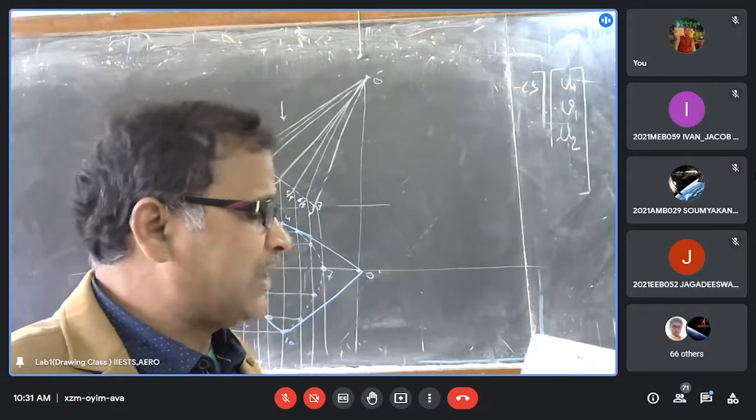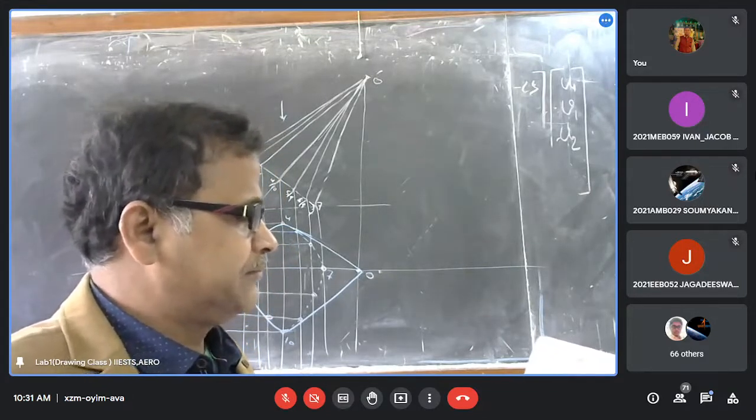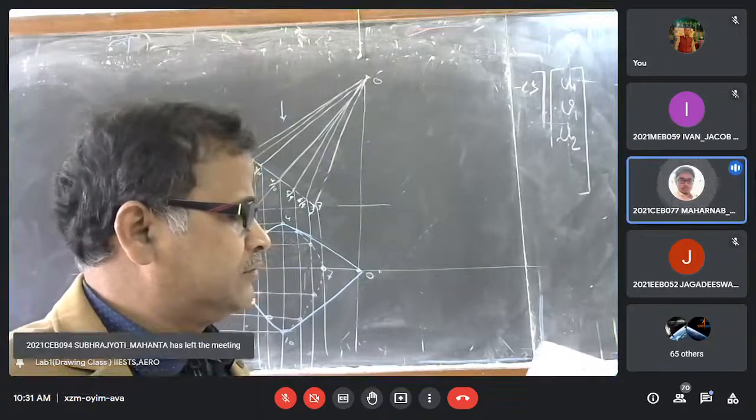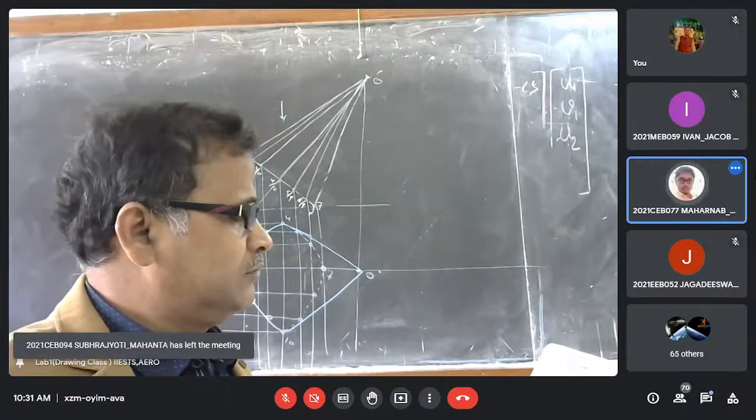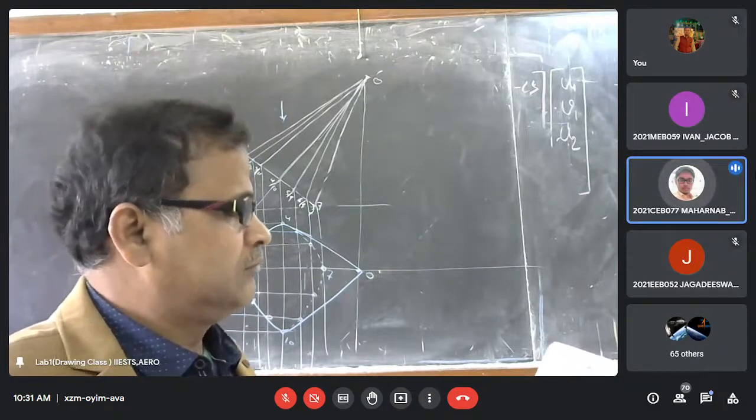Problem 7 has two parts. Anybody can read question 7. Draw the projection of a cone, base 50 millimeter diameter and axis 75 millimeter long.